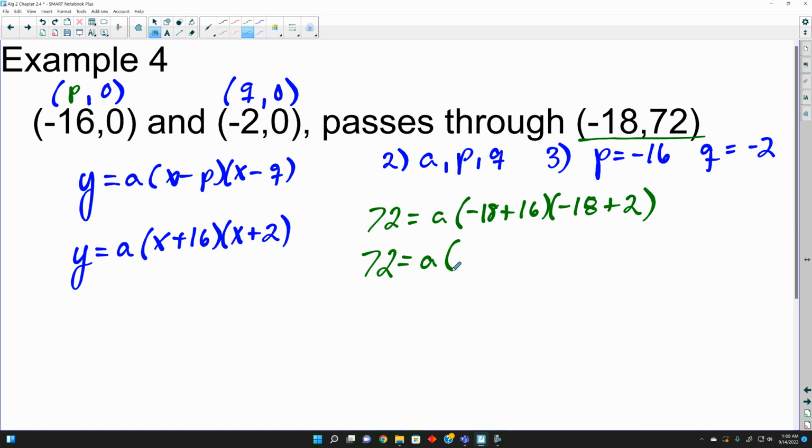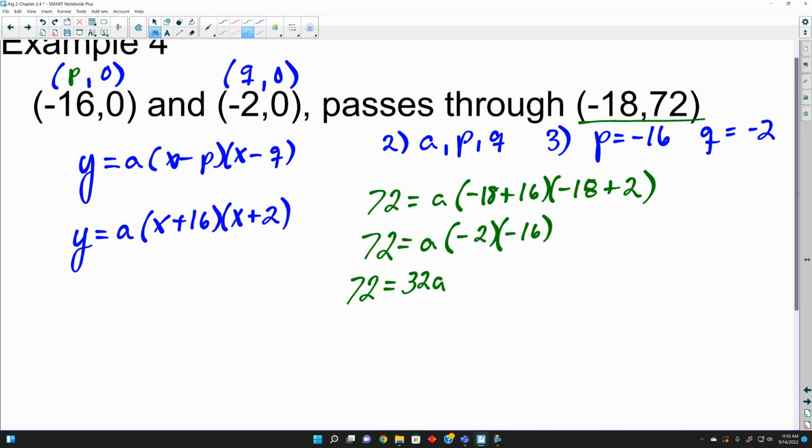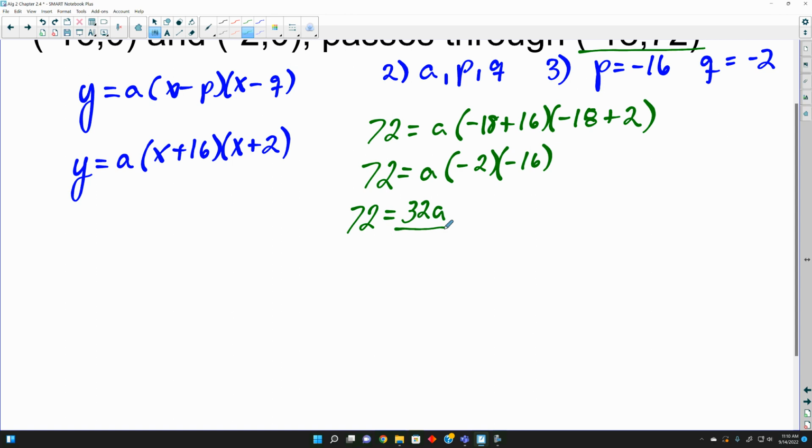Now if we simplified this by hand, -18 plus 16 is -2, -18 plus 2 is -16, and a negative times a negative is a positive. 2 times 16 is 32, then we divide both sides by 32. Will 32 go into 72 evenly?